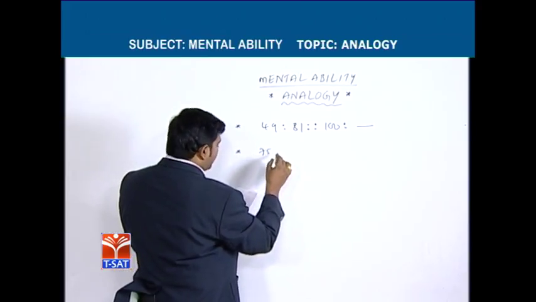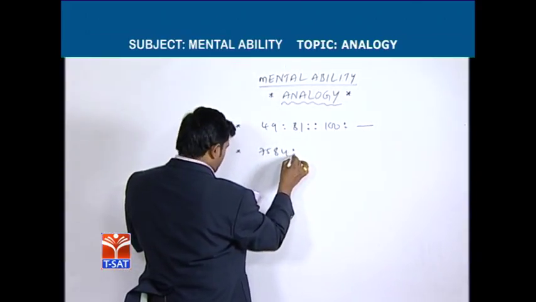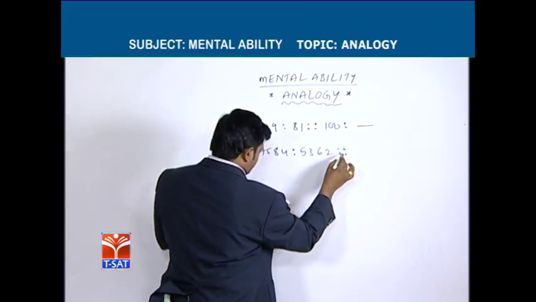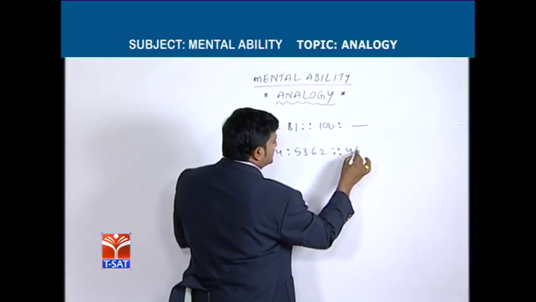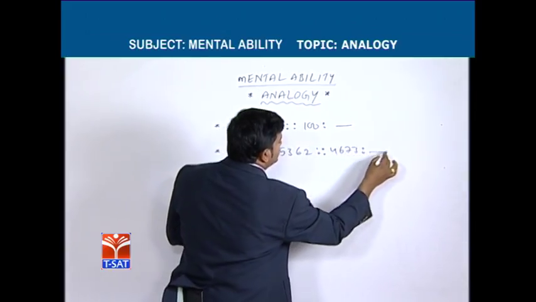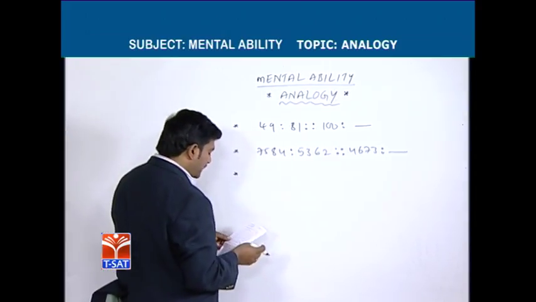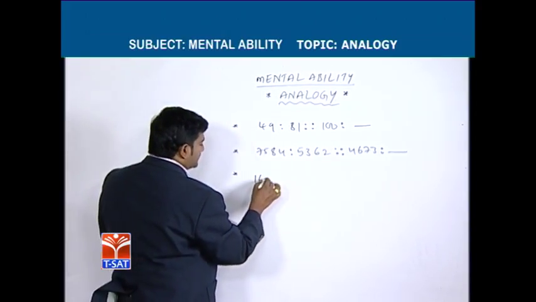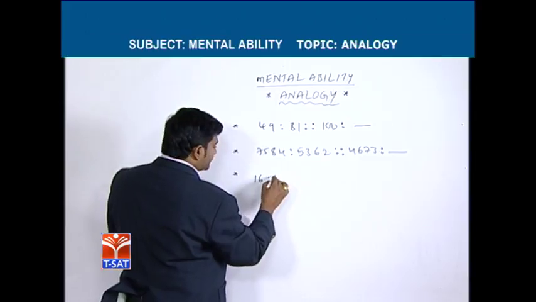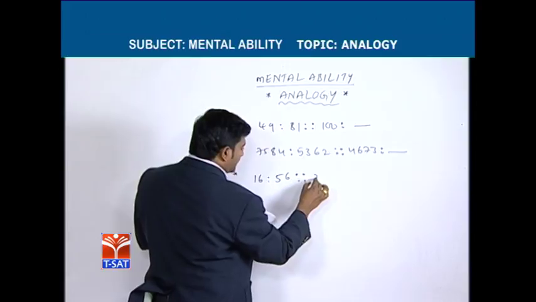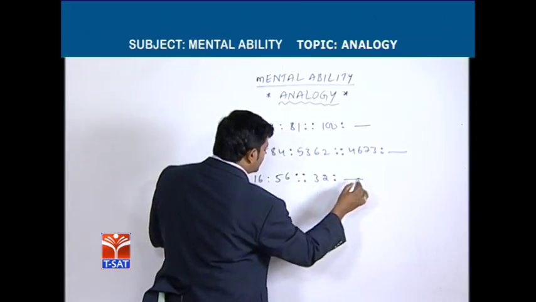Let's say 7584 is to 5362 as 4673 is to dash. Now one more example. 16 is to 56 as 32 is to dash.